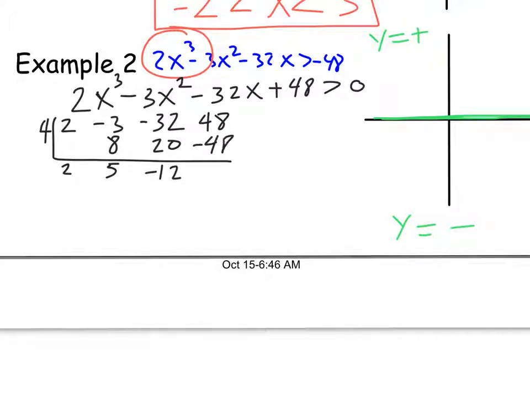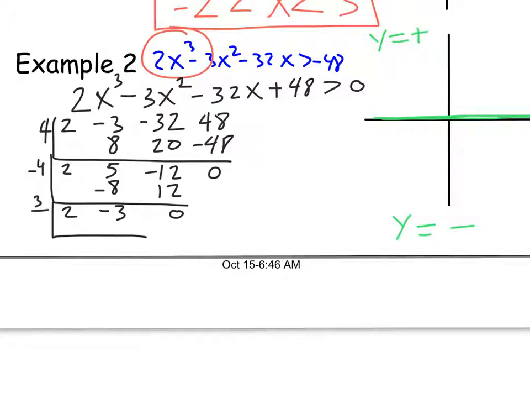Sure enough, we get no remainder. 4 is a 0. Oh, I mentioned another one was negative 4. Again, you would be able to see that one in the table. And 1.5, or 3 over 2.